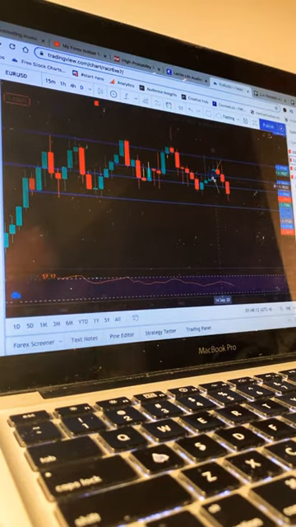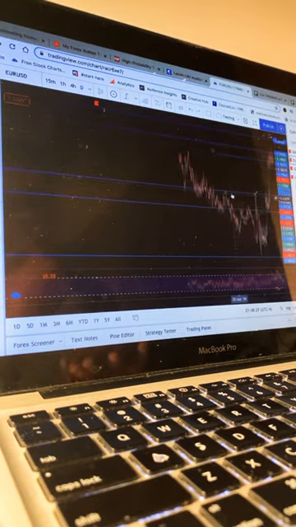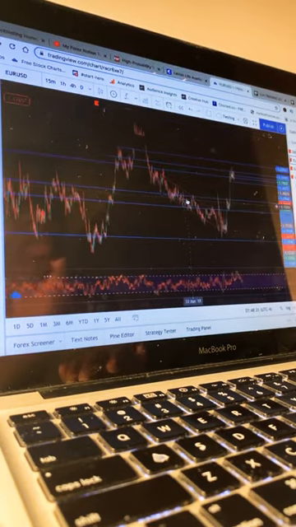So from here, well, actually, to be honest, I'm not quite sure what it's going to do once it breaks out of this consolidation. Let me zoom out some and see if there's a bit more.